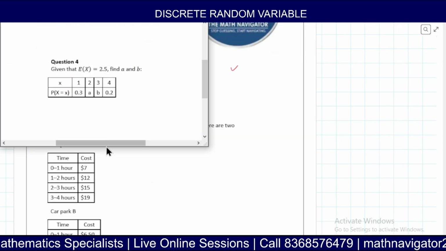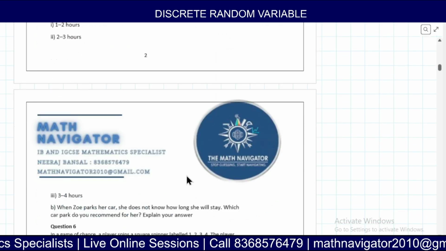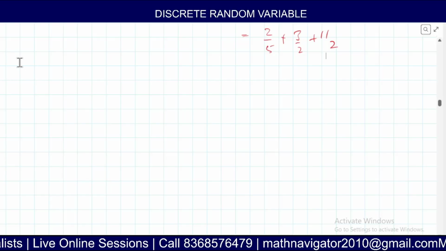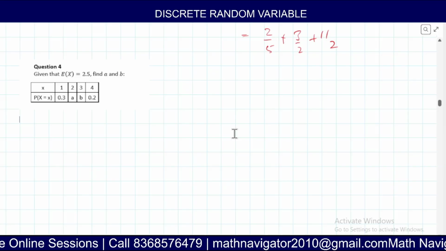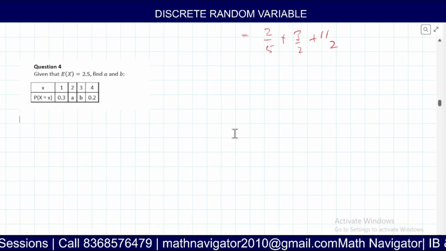There are two unknowns, A and B, right? So how will I solve the two unknowns? You know a very simple basic concept of math. If there are two variables, there should be two equations.